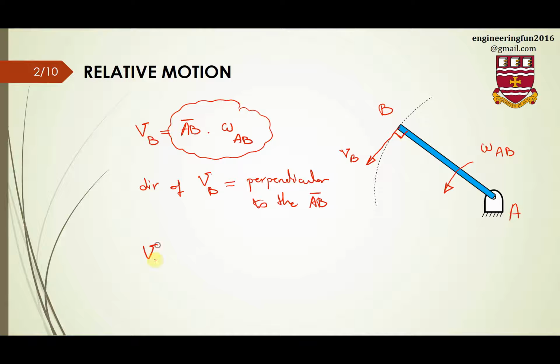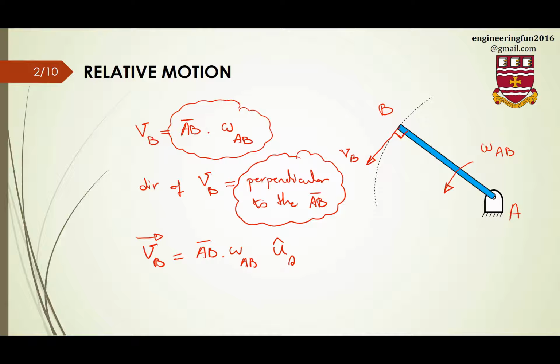I could have said that VB is AB times omega AB. That's the magnitude, and the direction is in u theta. But I prefer to say this is perpendicular to the rod because maybe that's easier down the road when you want to use relative motion.